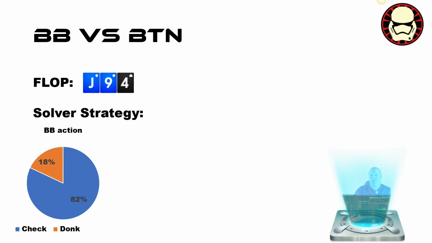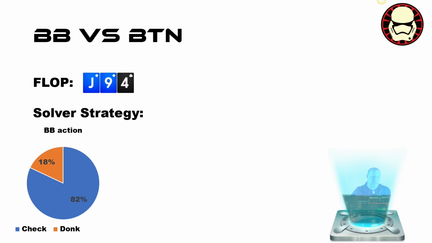For the big blind, after it called, he is first to act postflop. Flop is Jack 9-4. Solver strategy on PLO 50 rake. Run it once, 50% rake back if you like the details. Donk 18% of hands and check 82 on Jack 9-4, single suited. So 18% is a lot.